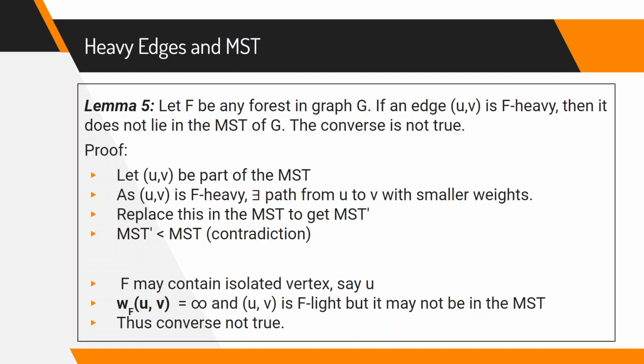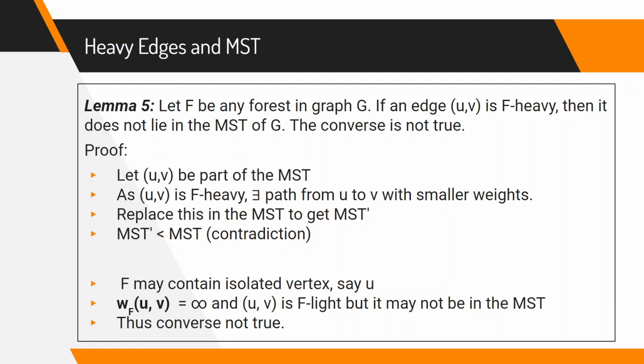Now MST dash is less than MST, which is a contradiction as MST in itself is the minimum spanning tree. Hence, the MST will not contain any F heavy edge. F may contain isolated vertices, say u.